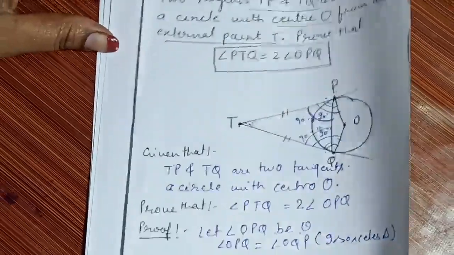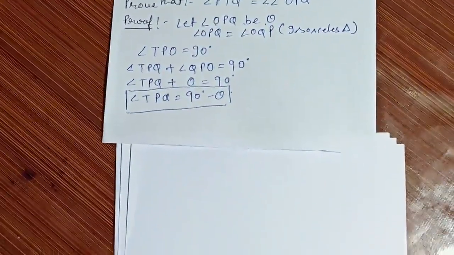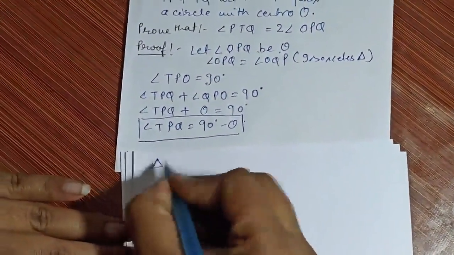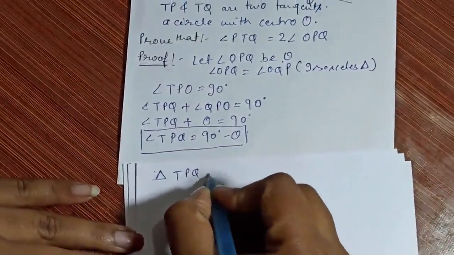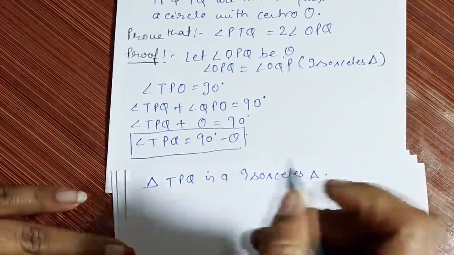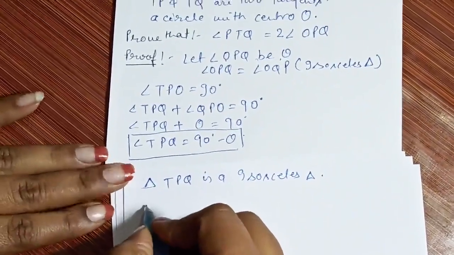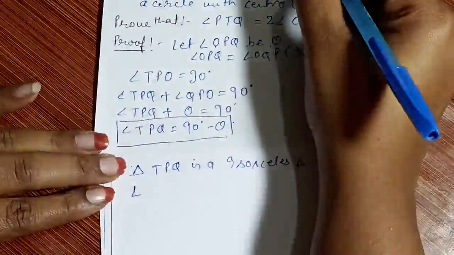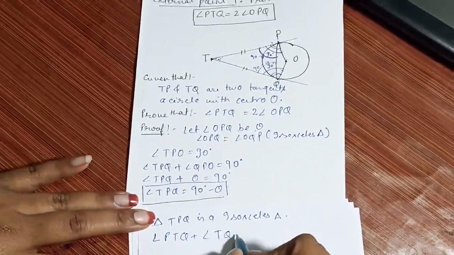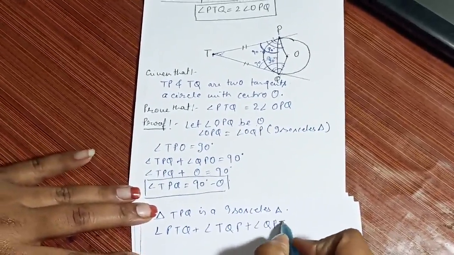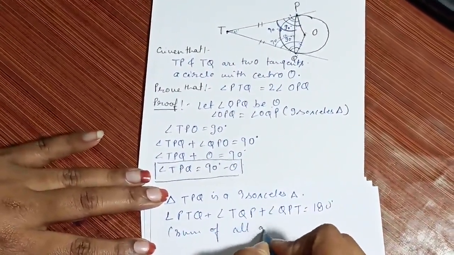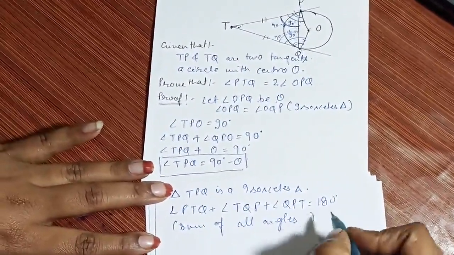Now, in triangle PTQ, an isosceles triangle, angle PTQ plus angle TQP plus angle QPT equals 180 degrees, just because the sum of all angles in a triangle is 180 degrees.